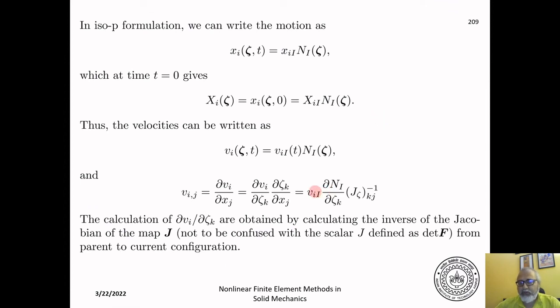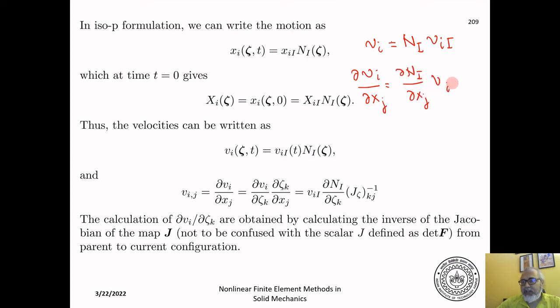This is how we will do the spatial derivative. Suppose I have to do vi. So vi at any point is Ni times vi. We have seen this before. If you want to do del vi del small xj, you will do del capital Ni del small xj times viI.